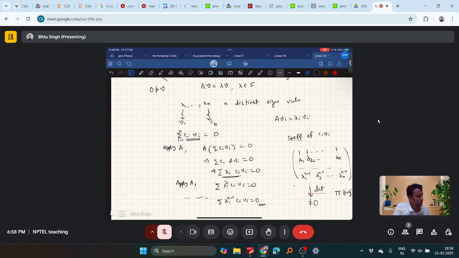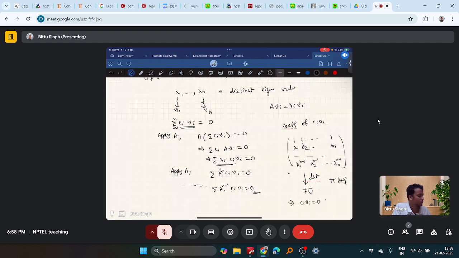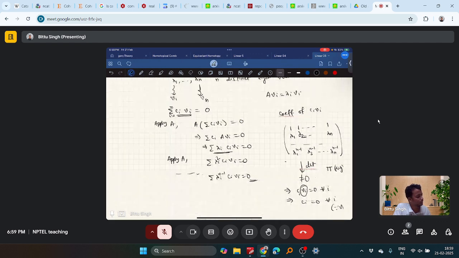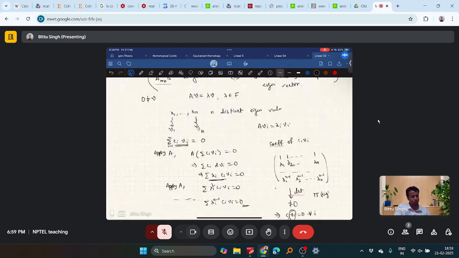Therefore this product cannot be zero. This will imply each of the ci vi is zero, for all i. And the vi are non-zero vectors, so this will definitely imply ci equal to zero for all i. By definition, an eigenvector cannot be zero.